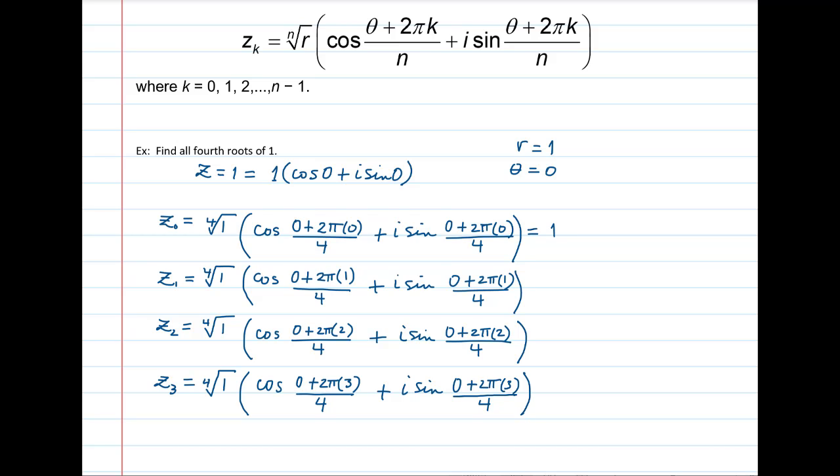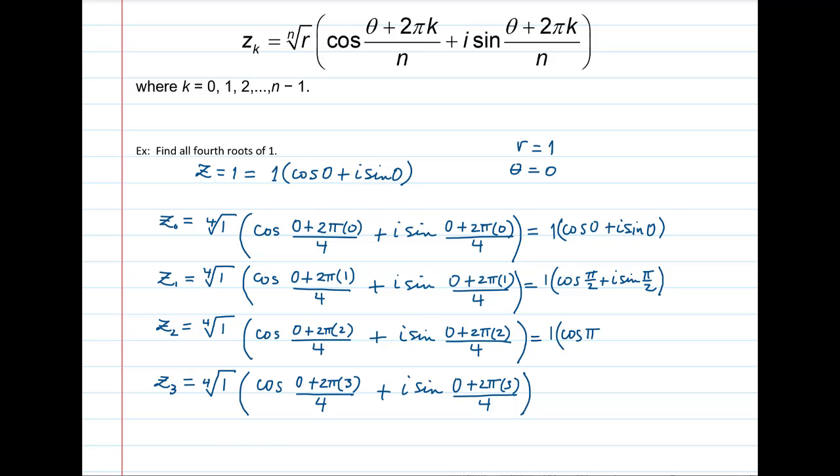Let's go ahead and simplify this a little bit. The fourth root of 1 is just 1 for all of these. And on the first one, we have cosine of 0 plus 2 pi times 0, that's just 0. So everything is 0 on top, divided by 4, still 0. So we have cosine of 0 plus i sine of 0. In the next one we have 1 times cosine of 2 pi over 4, which is just pi over 2, plus i sine of pi over 2.